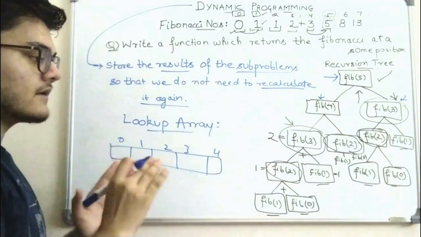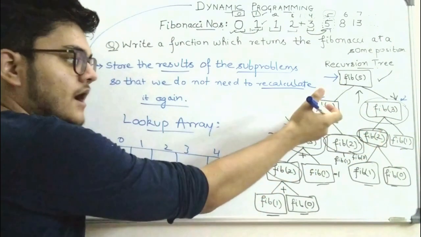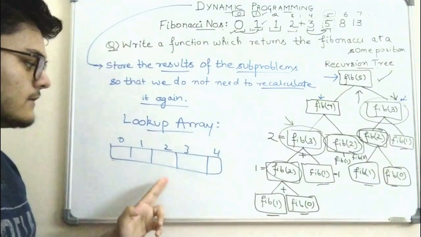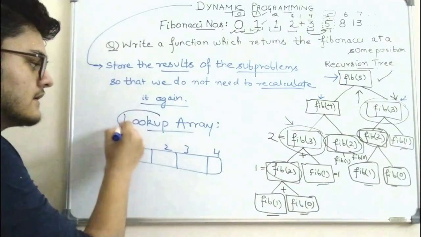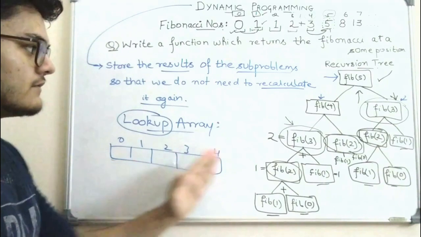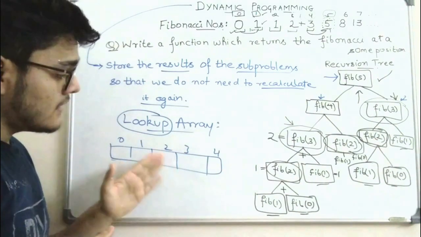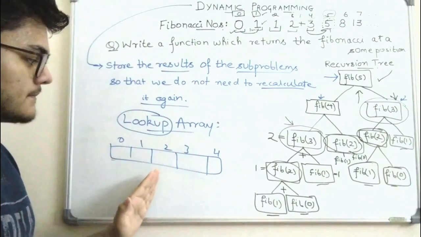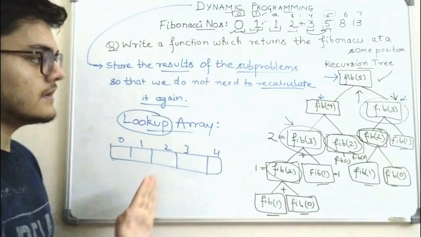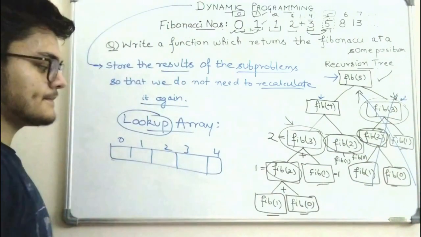So the next time we encounter the same subproblem, we are first going to look up in this array. That's the very basic meaning of lookup array. So whenever a subproblem occurs again and again in the same problem, we are going to look up in an array. If that problem is solved here, then we are just going to replace this whole thing with the result.